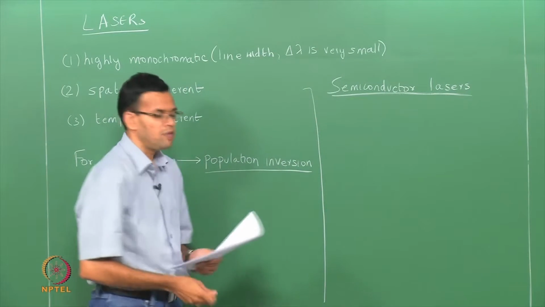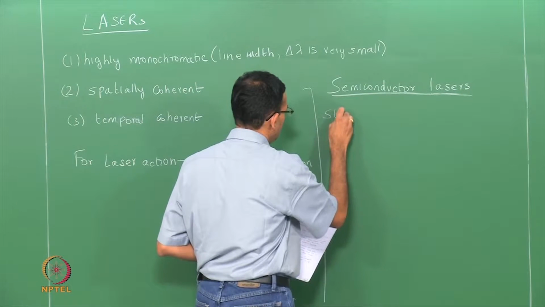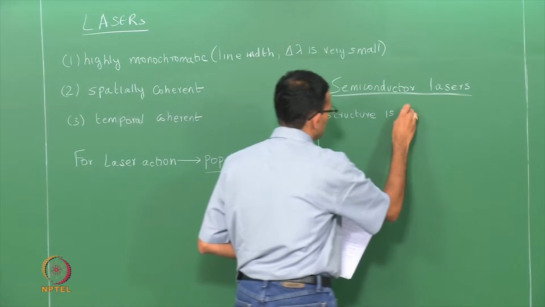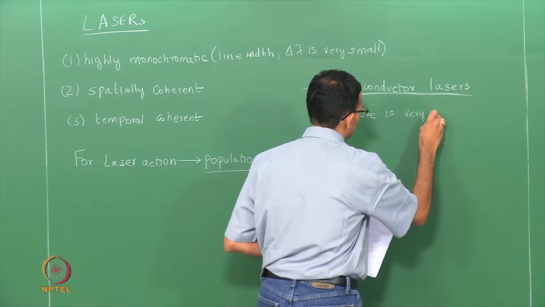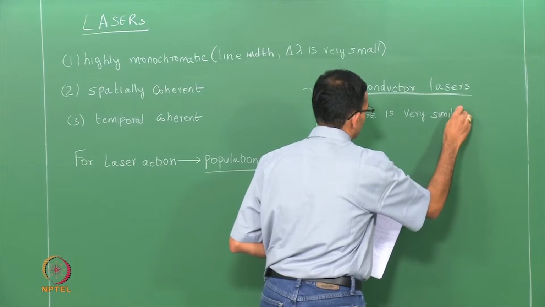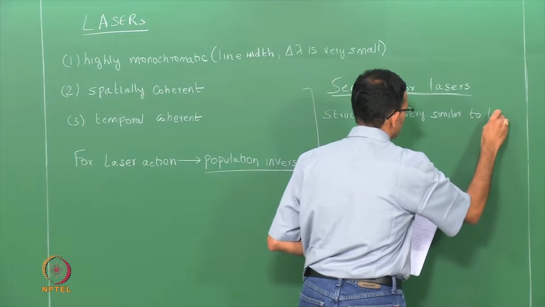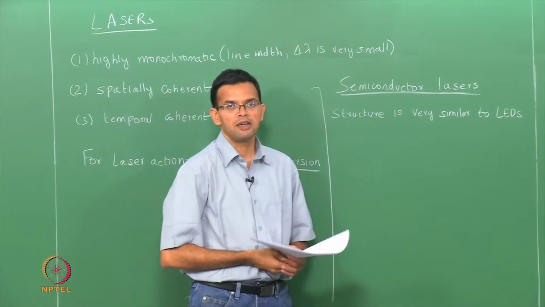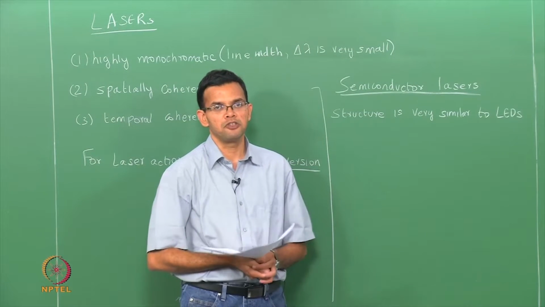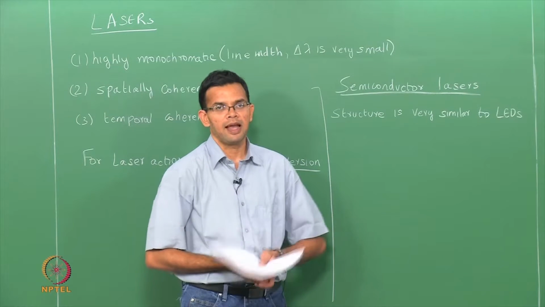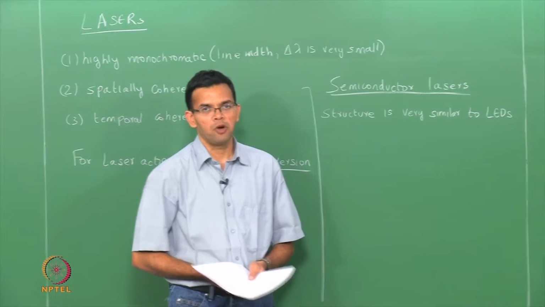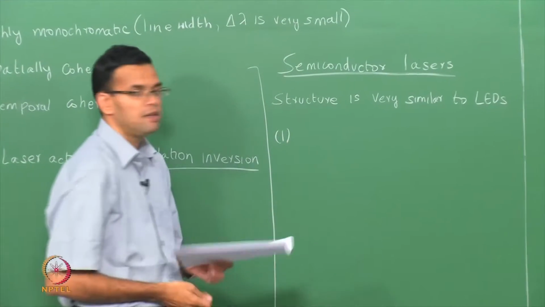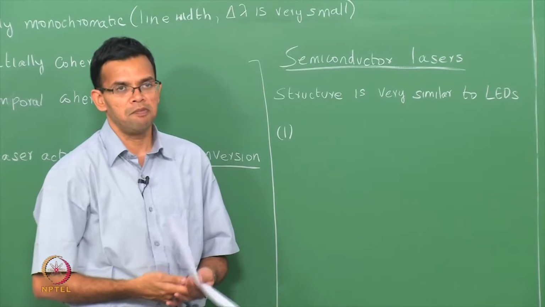But when we compare semiconductor lasers to lasers produced by other means, for example a gas based laser, there are some important differences. In the first case, here the transition is between energy bands.